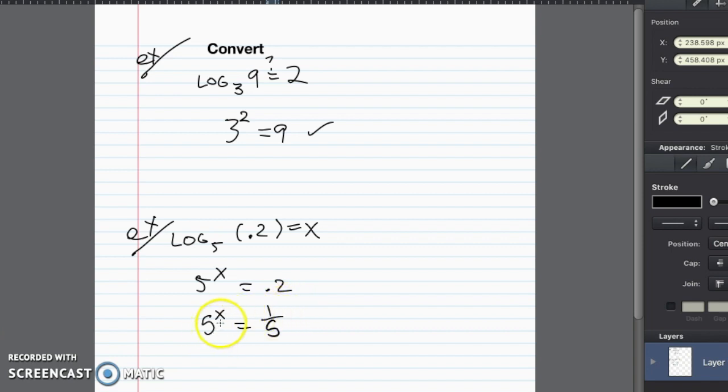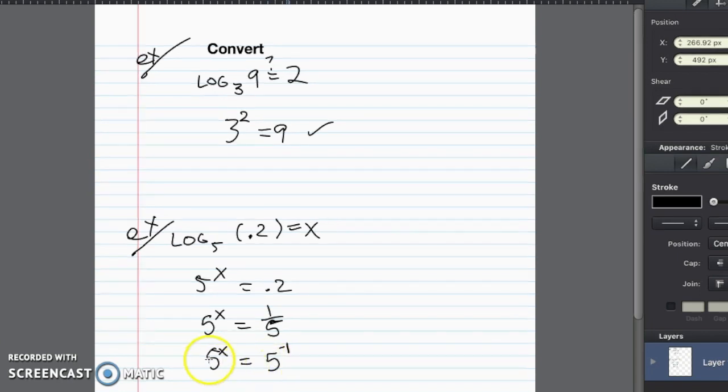So now I have something that looks kind of familiar, right? So let's take a look at this side again. This is 5 to the x is equal to, and I'm going to actually convert this 5 here, changing the form of it a little bit. I know that I can bring it up if I change the sign of my exponent.